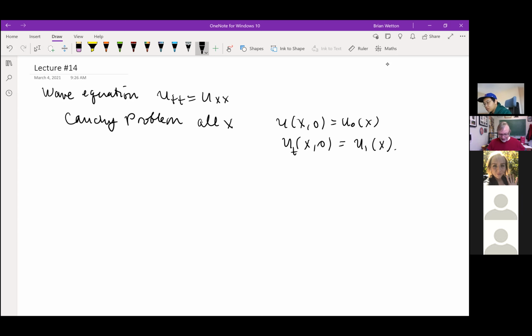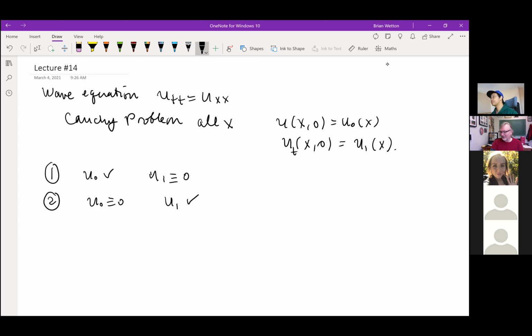So we were looking at that, and of course we found two problems. Right, one was where we had U0, but U1 was identically 0. And the other one where U0 was identically 0, but we had U1, right?